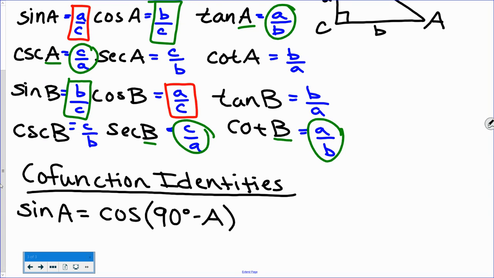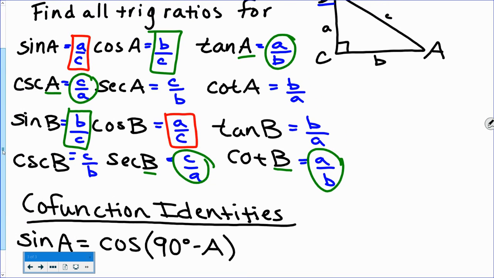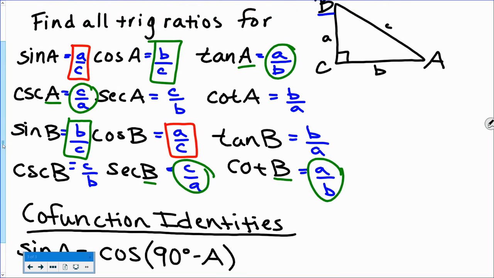Let's think about why that makes sense for a second. If I have this triangle above, I have a right angle, so that's going to be 90 degrees. So no matter what angle A is, the measure of angle B is going to be 90 degrees minus that angle.